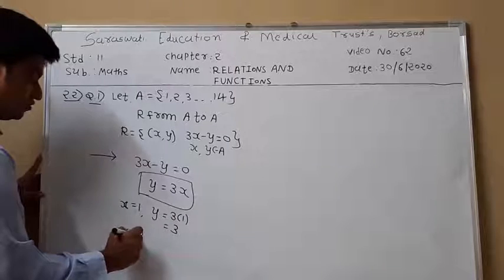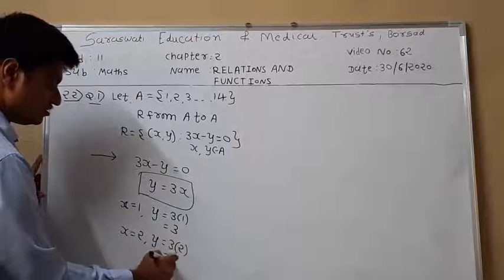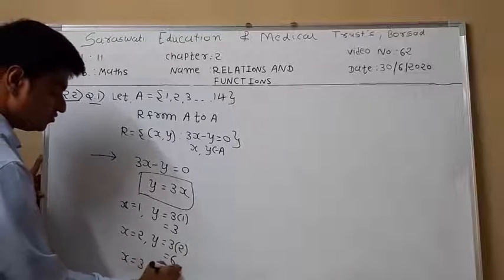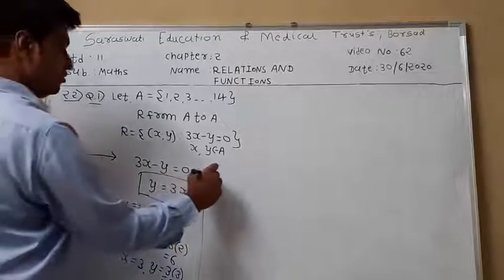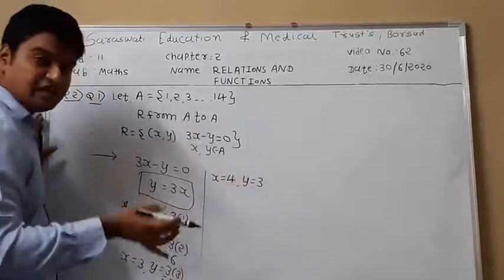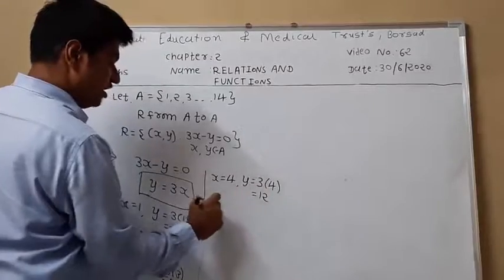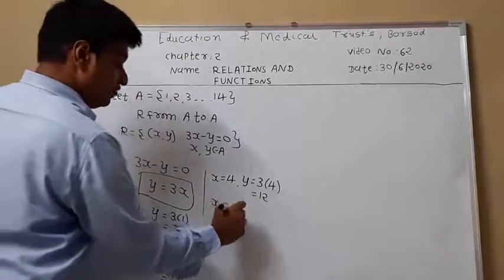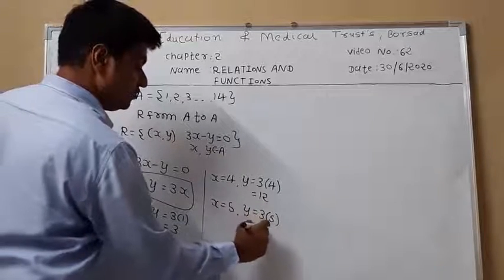x is equal to 2, y is equal to 3 into 2, 6. x is equal to 3, y is equal to 3 into 3, that means 9. x is equal to 4, y is equal to 3 into 4, that means 12. And x is equal to 5, y is equal to 3 into 5, 5 threes are 15.